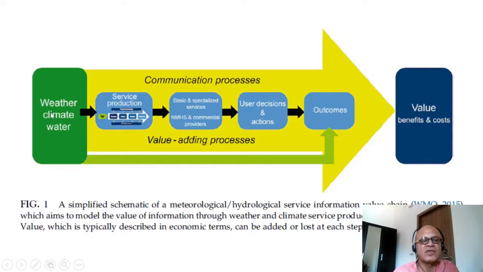So you are going from the forecast, with value-adding processes and communication processes. There is service production, basic and specialized services, and sector-specific services, for example food, water, energy, health, and so on. There are the national meteorological and hydrological services and commercial providers.